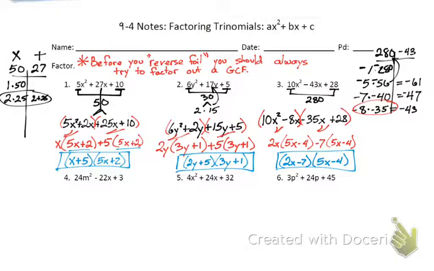But what that means is that before you do this, and if you haven't heard us call this reverse FOIL yet, you will. We kind of call this reverse FOIL because you're unfoiling to get the two original binomials. Before you try this, before you take, like in number 1, before you take the 5 times the 10, you should first double check and say, well, is there anything that I can factor out of all three of these things to make the whole problem smaller?